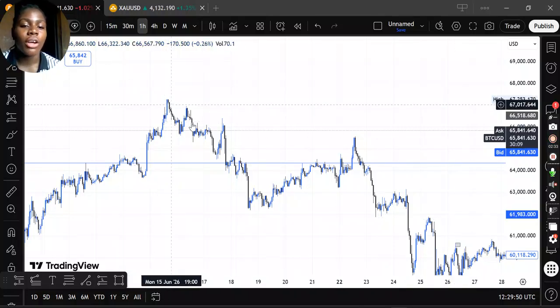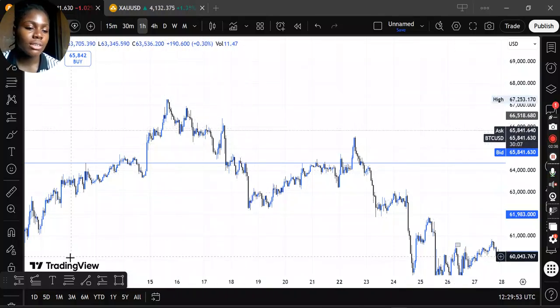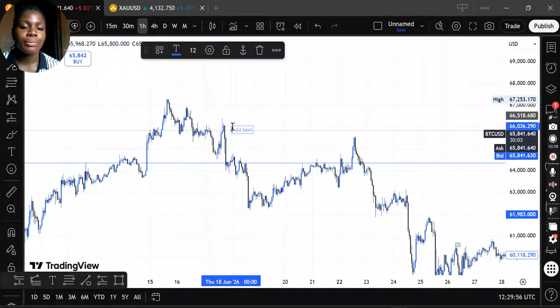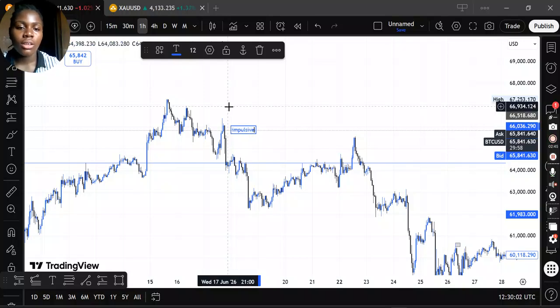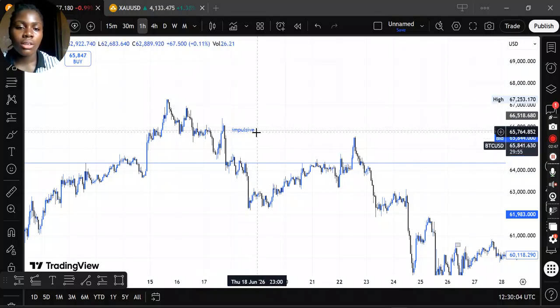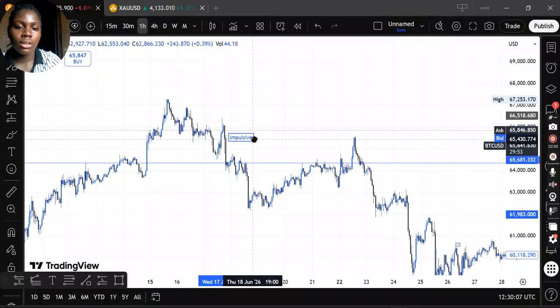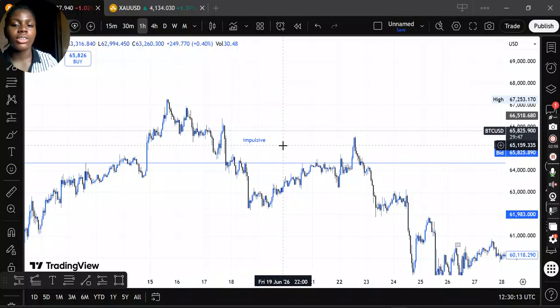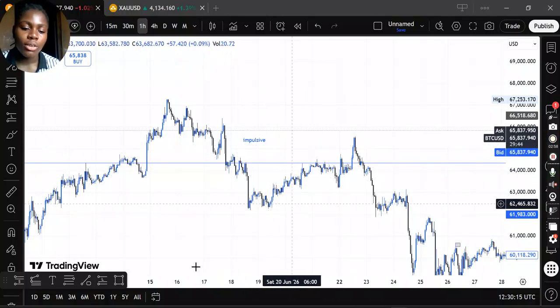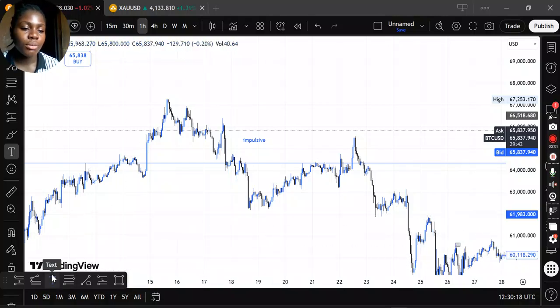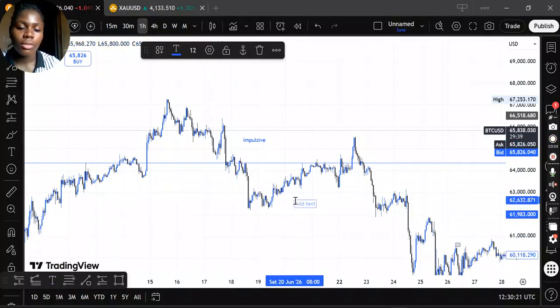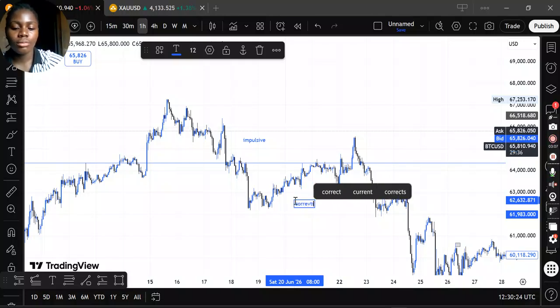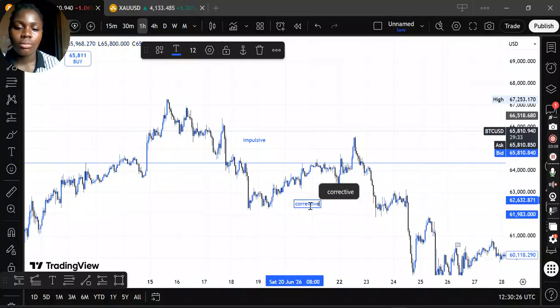So price came all the way from here to here. All of this slant movement is price being impulsive. So all this movement it made going downwards, it's been impulsive. And then the pullback it made going backwards is corrective.